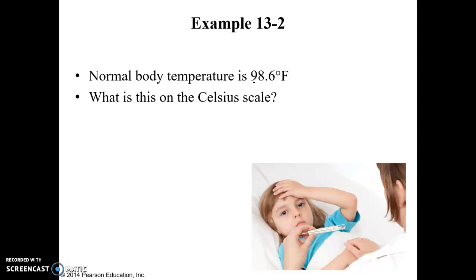On the Fahrenheit scale, we're at 98.6. So if we take 98.6 degrees Fahrenheit and subtract 32 degrees Fahrenheit, which is the freezing point of water, we get 66.6 degrees Fahrenheit. So that's how much we are above freezing.